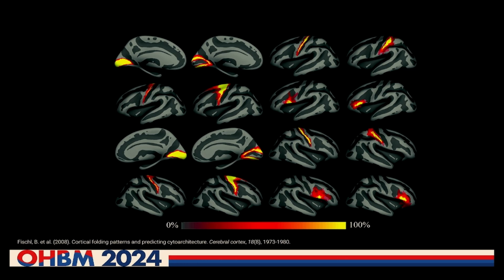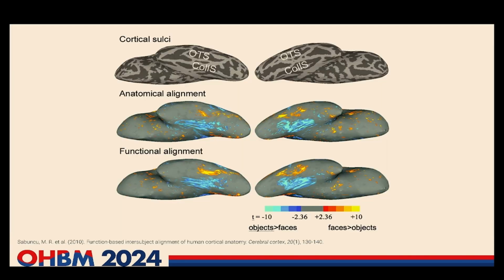So if we're not going to use cortical folds, what else can we use? This is a study done by Conroy and colleagues in 2010 where they said, well, if we're not going to use cortical folds, why don't we use task-based fMRI? And so they drove their registration using task contrasts. What you can see here is the results of the group average contrast when they have driven registration by folding.